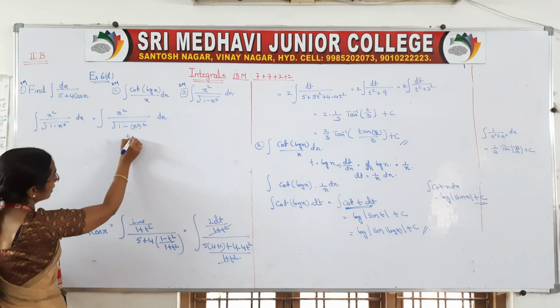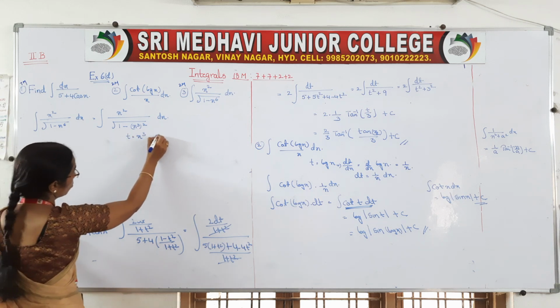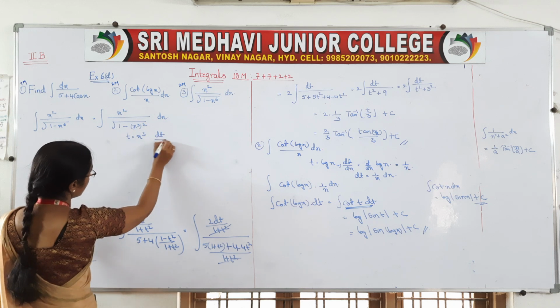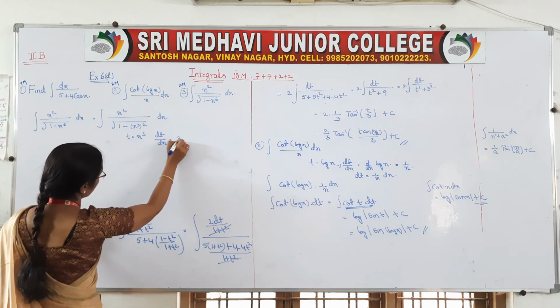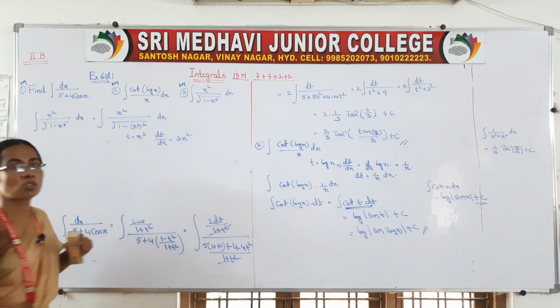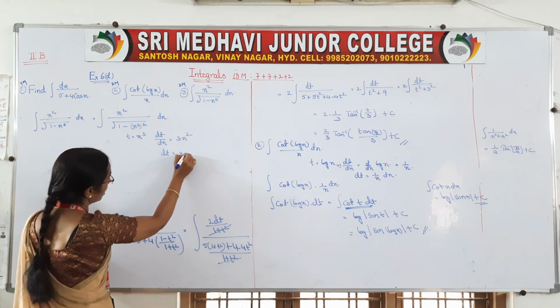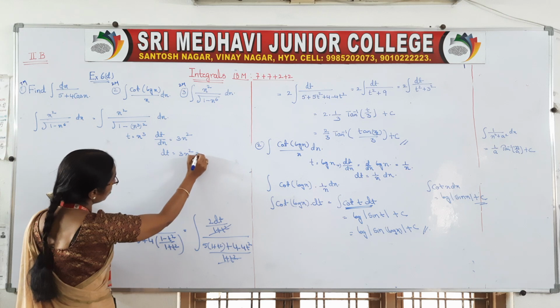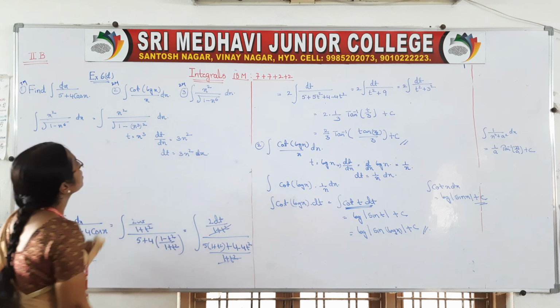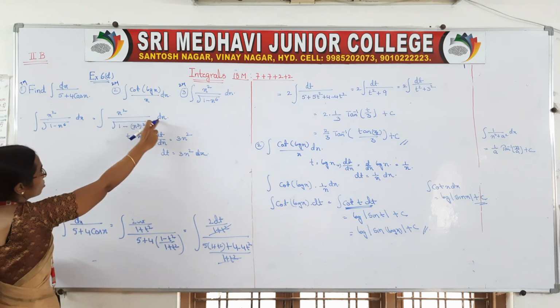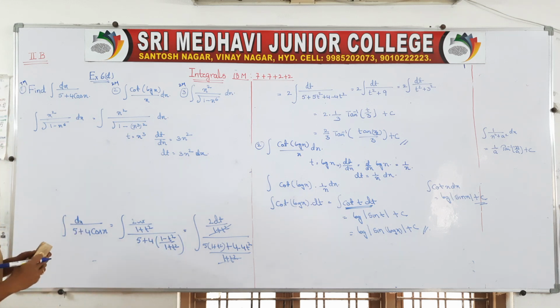So you take t is equal to x cube, then what happens? dt by dx is equal to 3x square. So what will be your dt then? dt is equal to 3x square into dx. Okay, so here we are having only x square dx, not 3x square.